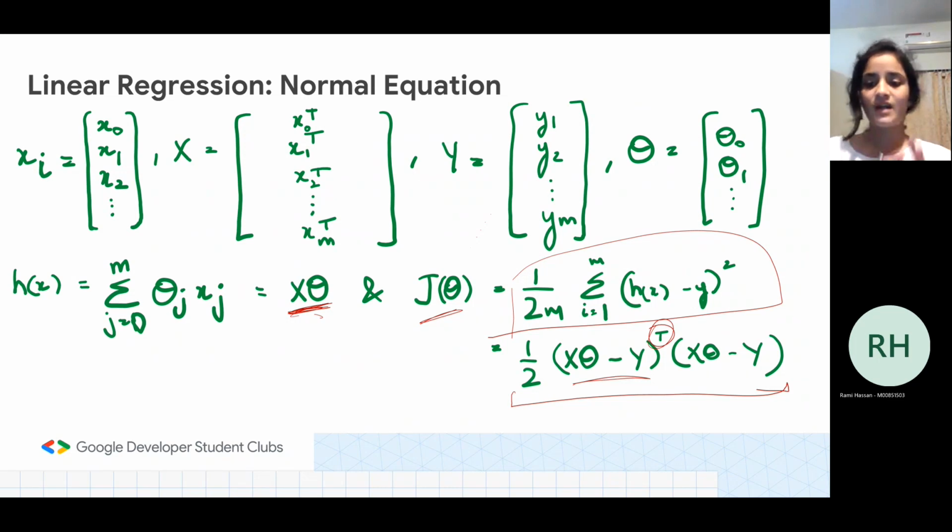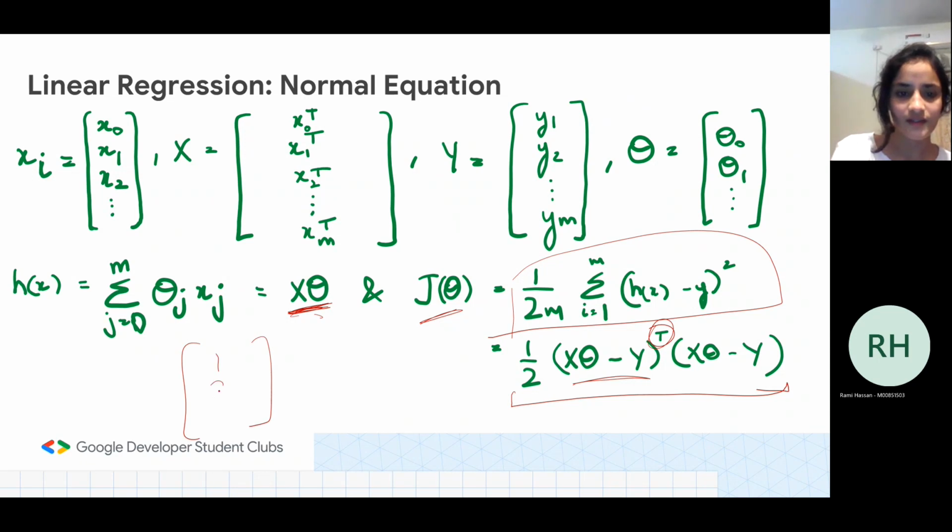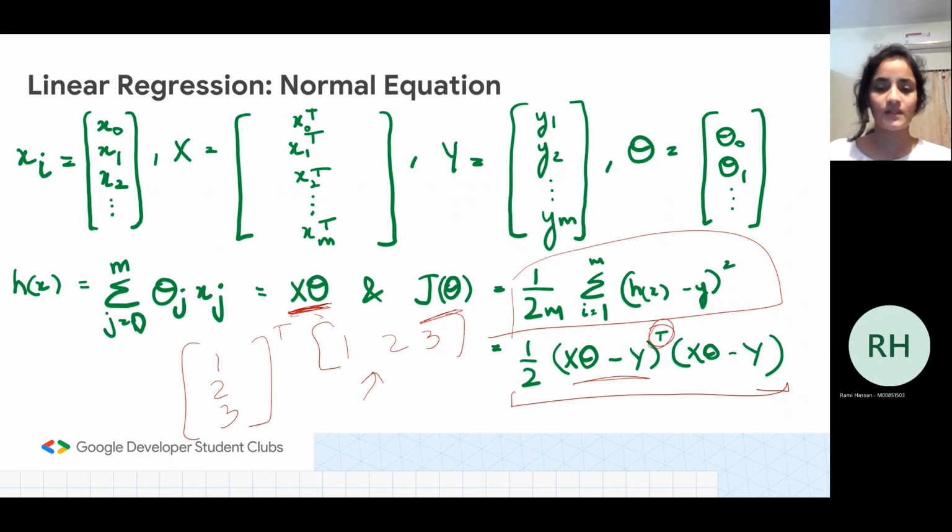Let me explain it simply. You know that this matrix is the transpose of the first one. This is the original, and if you take the transpose, it's going to look like this.